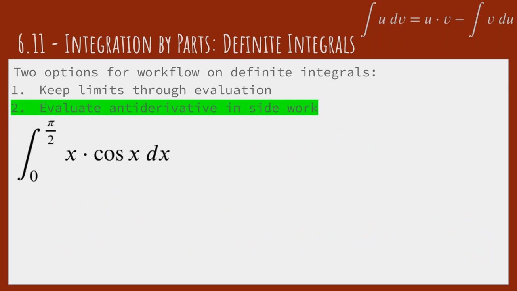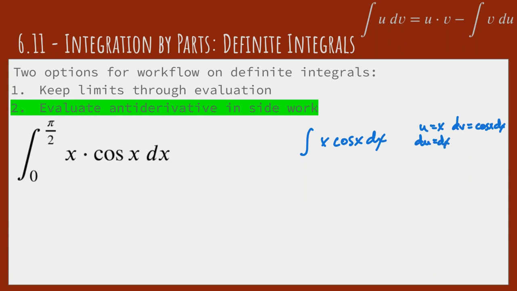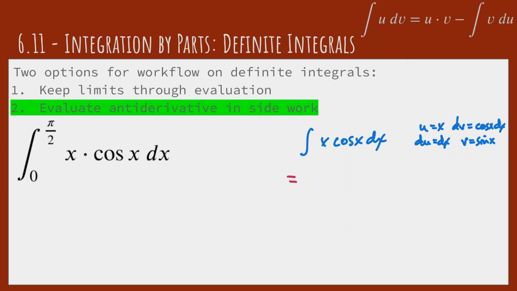The way that would look, we want to start by writing the indefinite integral that we're evaluating. So I'm just writing this definite integral without the limits, which makes it an indefinite integral. Then we make our choices just like we did before, and we use our integration by parts formula.